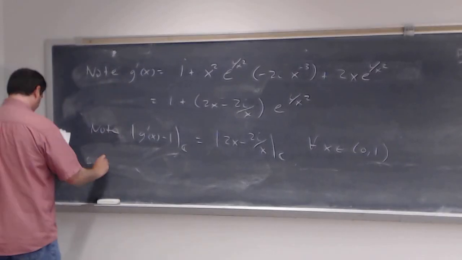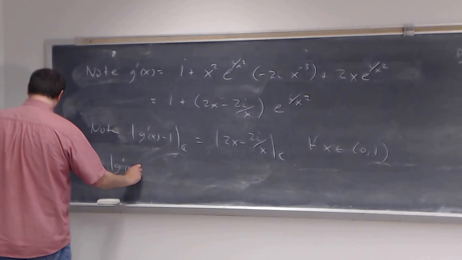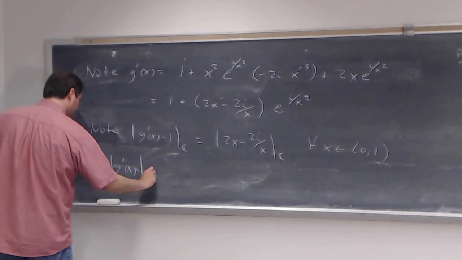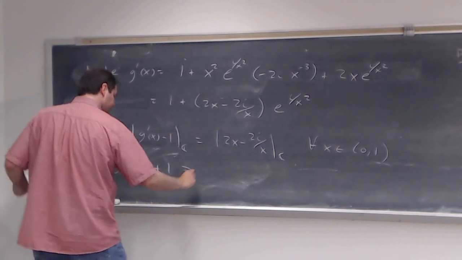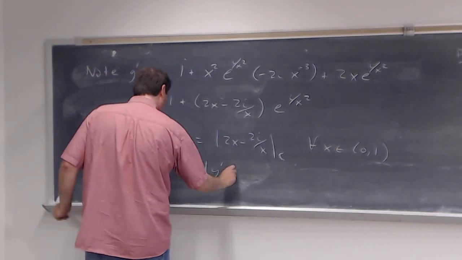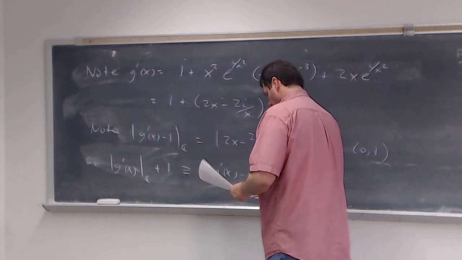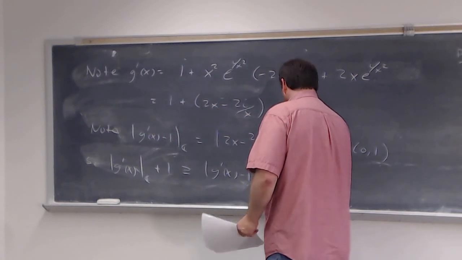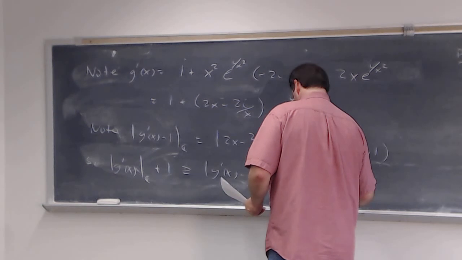So, using the triangle inequality, we get that the norm of g prime of x plus 1 is greater than or equal to the norm of g prime of x minus 1, which is equal to the norm of 2x minus 2i over x.